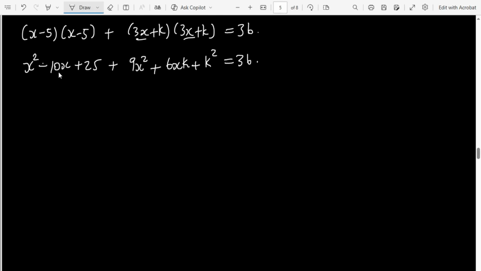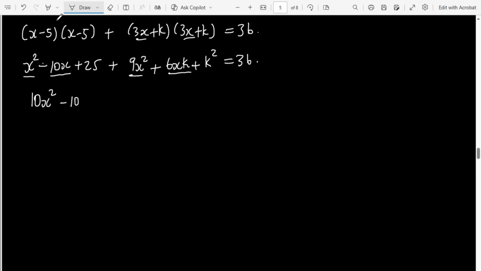We have the like terms that we need to add. Looking at this, I have x squared and 9x squared, which gives us 10x squared. And then let's group the minus 10x with the 6xk.